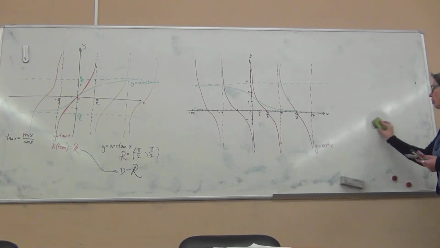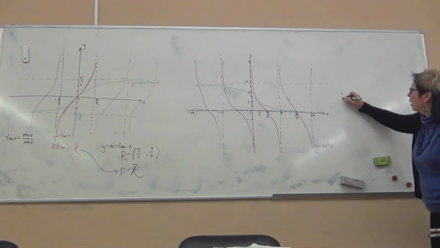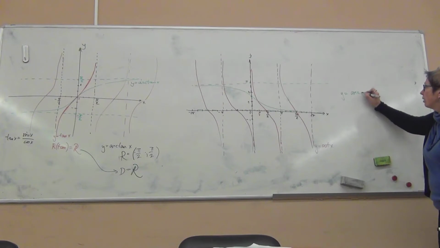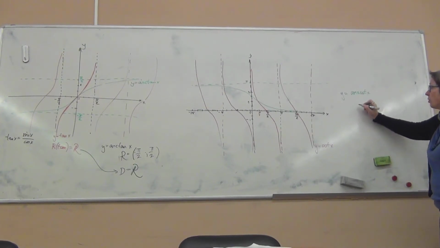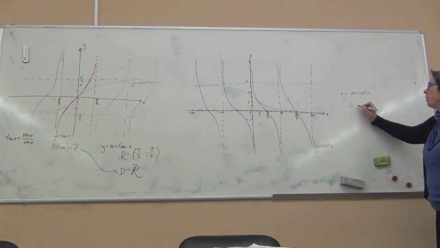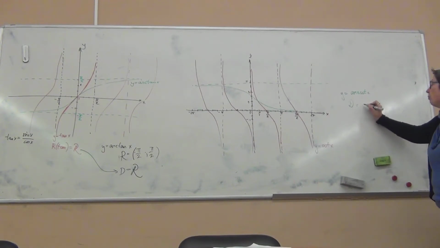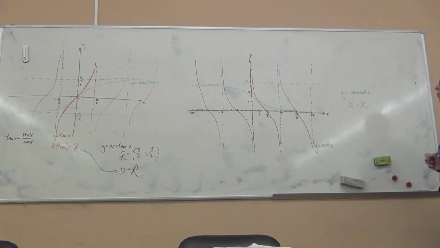So the function y equals arc cotangent of x. The domain of this function would be from -infinity to +infinity, all the real numbers.